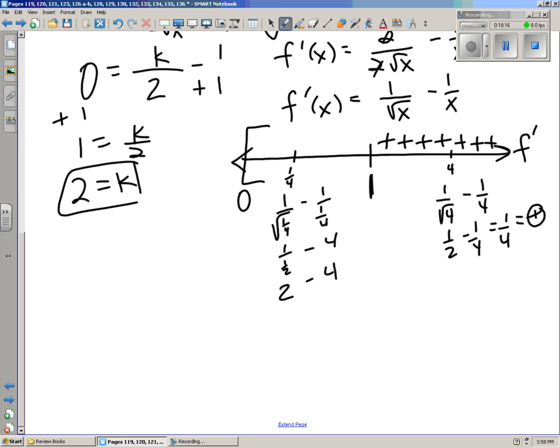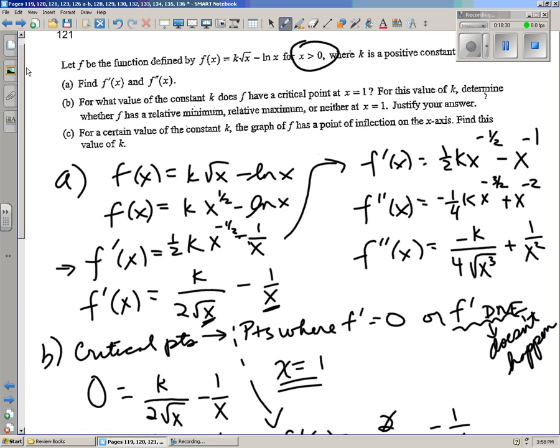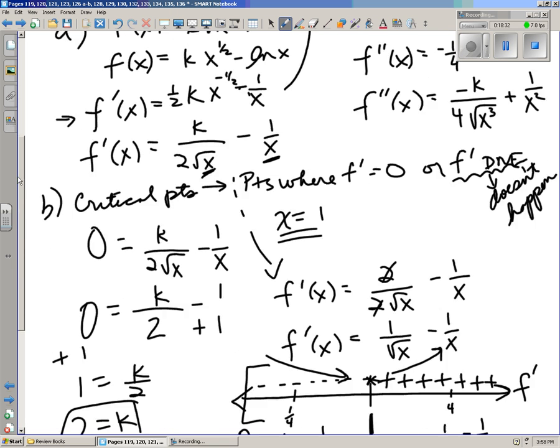So you get 2 minus 4, which is negative 2, clearly negative. So we know that f dipped down and then went back up. So at 1, we have a relative min.